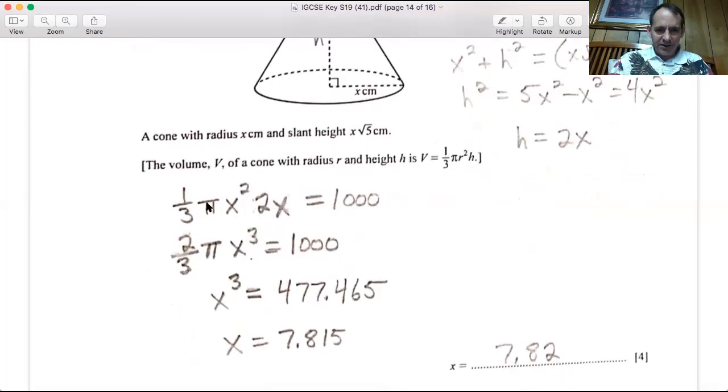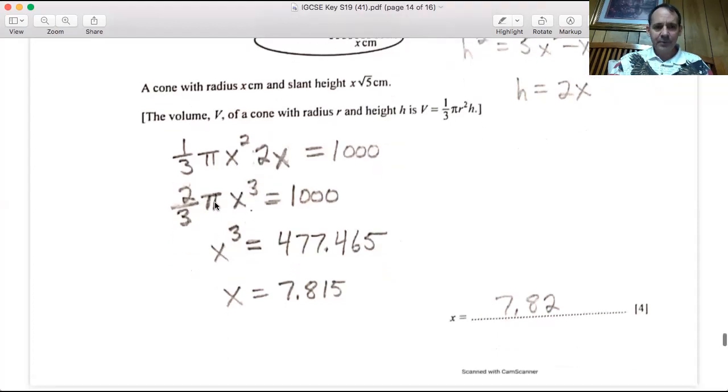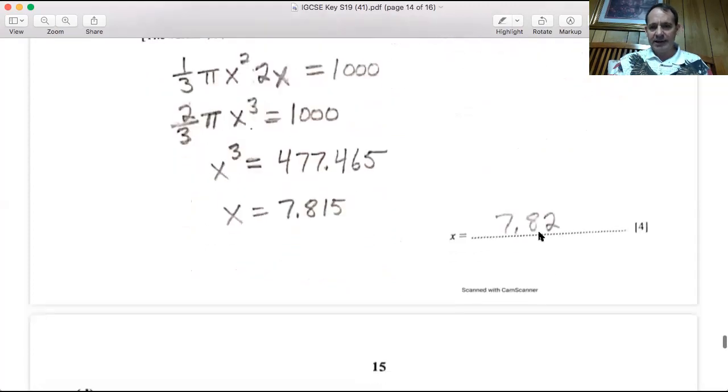So that gives us 2/3 pi x cubed equals 1,000. So we used this formula, but we had to find the h in terms of x so that we can get only x as the variable. Divide by 2/3 pi and then cube root so that x equals 7.82.